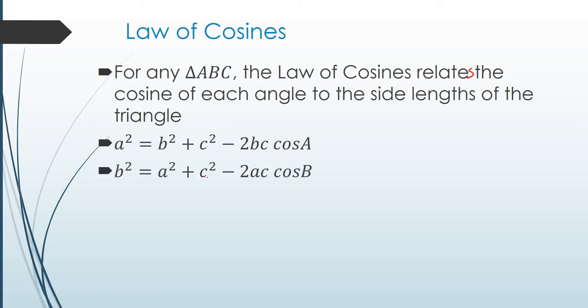It can also be used with the cosine of B and the cosine of C. As you can see, all I've done here is rearrange the letters, so depending upon which angle we have, we can use the side lengths to find any other relationship.